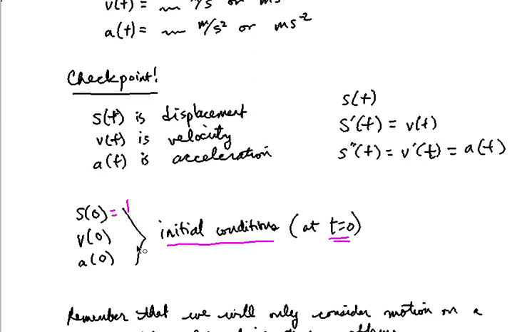That would be an initial condition. My velocity, right when I start timing, at the very beginning of my problem, could be -4 meters per second, something like that. These are called initial conditions, and they will be used in different scenarios.